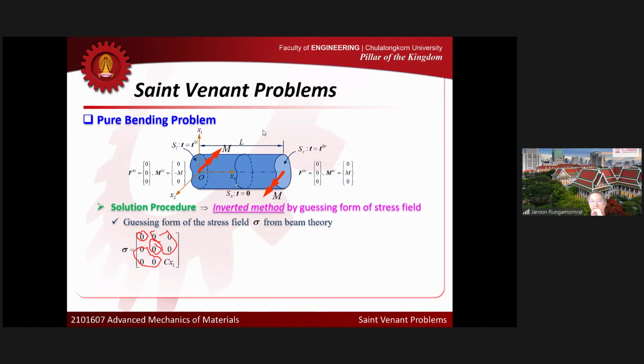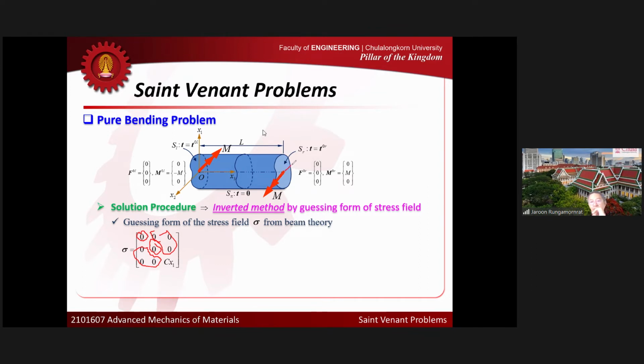And for this particular case, it's simply the distance, the coordinate x1. So based on the beam theory, the stress that we got in the cross section should be a function of what? Linear function of x1, right? It should be linear in x1. When you move from the neutral axis, stress increases with the distance from the neutral axis, right?